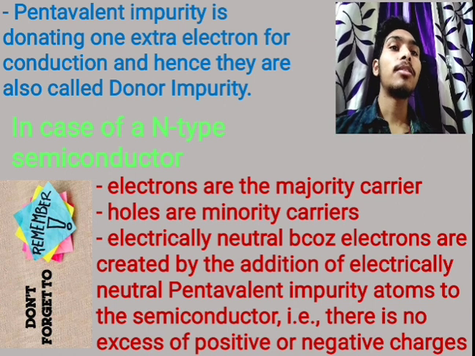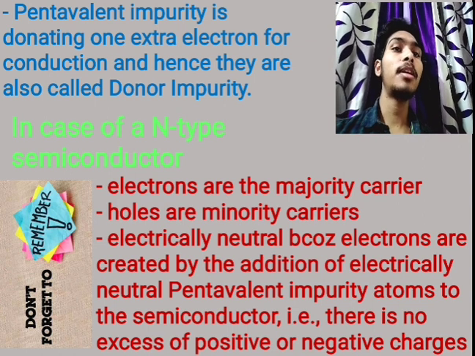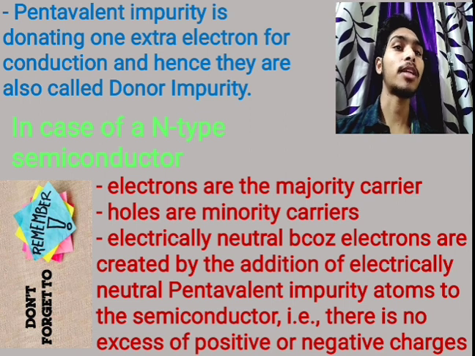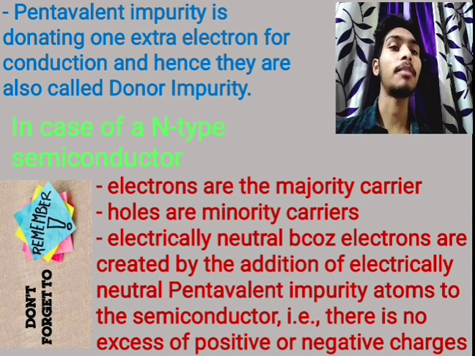Now, this line about pentavalent impurity I'll explain. Pentavalent impurity is donating one extra electron for conduction and hence they are also called donor impurity. What does it mean?